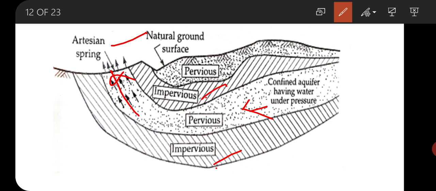This type of spring is able to provide an almost uniform quantity of water.